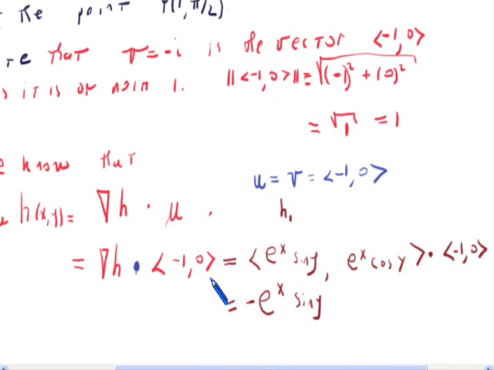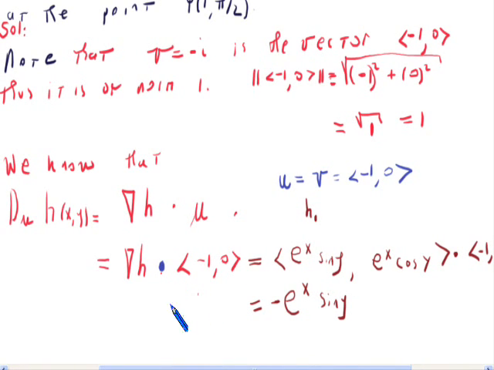So this is D_u of h of x, y, the directional derivative of the function h of x, y in the direction u, where u is the unit vector negative 1, 0, which was given to us as a unit vector anyway, so we didn't have to divide by the norm of v.